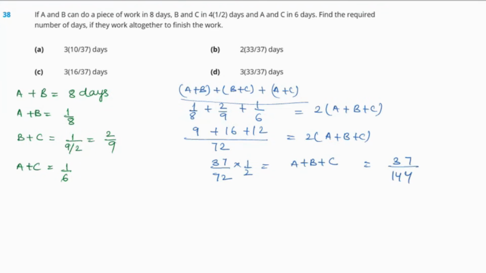Now, if we are supposed to calculate their total time altogether, their total time will be 1 divided by 37 by 144, which gives us 144 by 37. And if we solve it, we will be getting something like 3 whole 33 by 37, which is equal to option D.